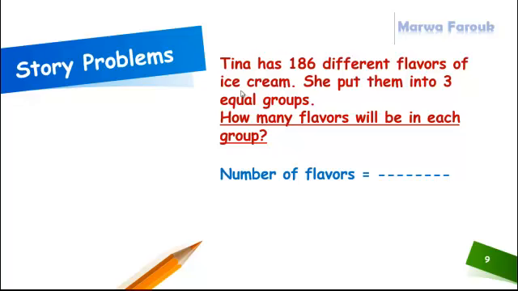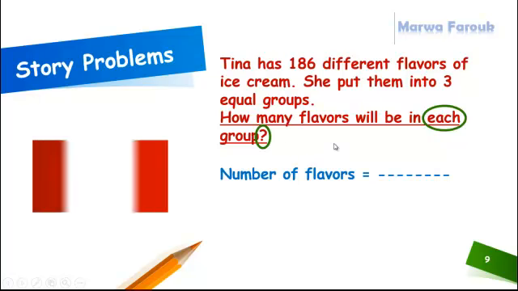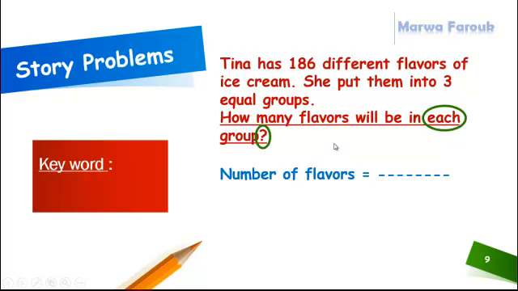How many flavors will be in each group? Can you see each here? Each is placed here, but in a question, not in a sentence like in multiplication. So the keyword here is that each is required. And when each is required, we are going to make a division.